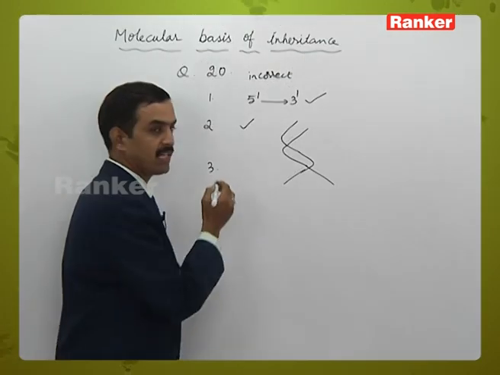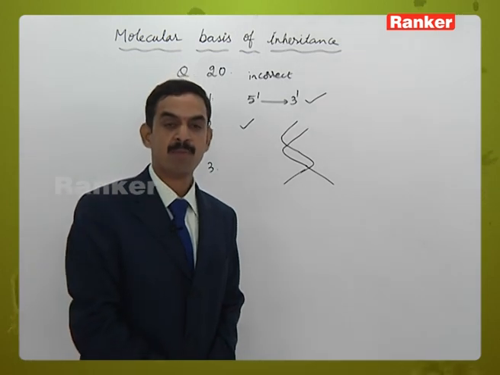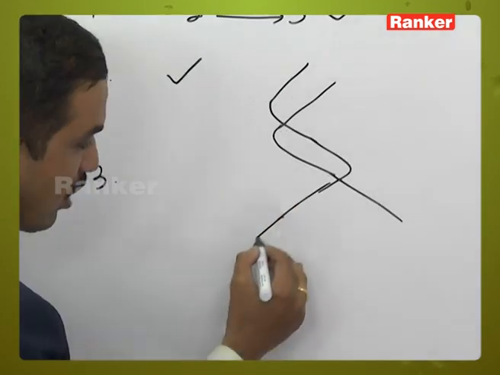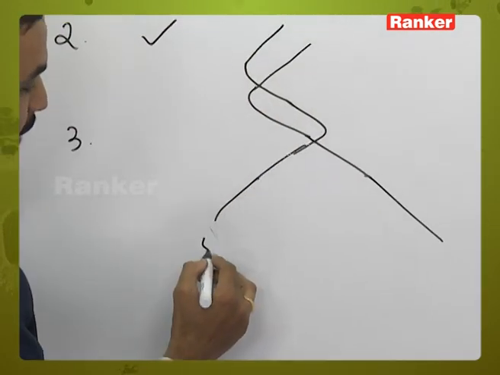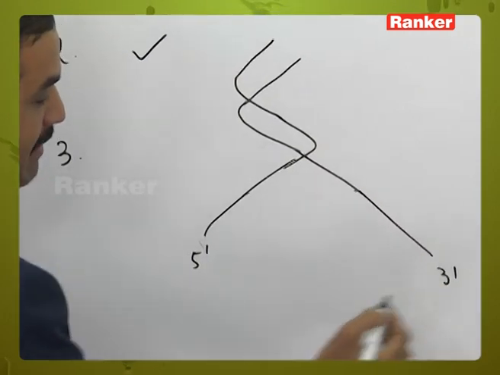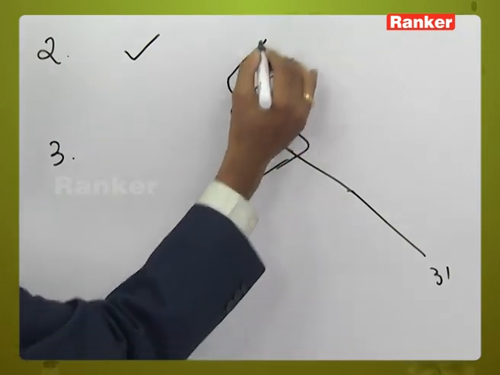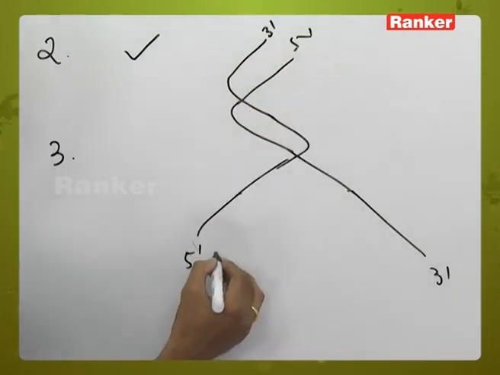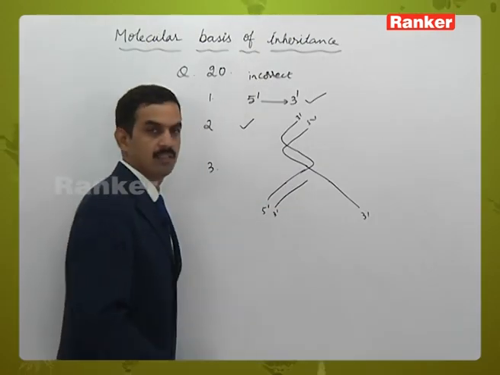Then the third one is the leading strand is synthesized on 3' to 5' template strand. If the two strands are separated out, one is the 5' direction and the other is the 3' direction, and the leading strand is synthesized in this manner.